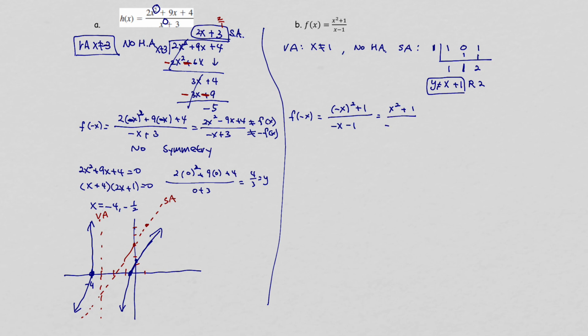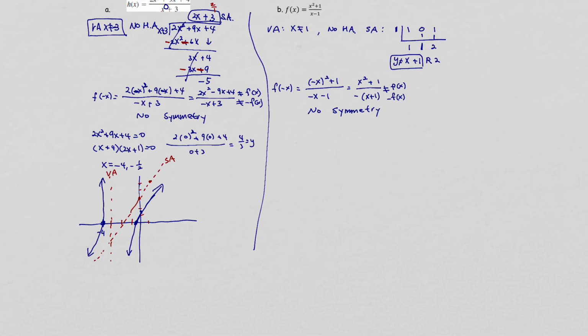So when you factor the negative out, you have x plus 1, which is not going to be the same as f of x or negative f of x. Right, so this is going to be no symmetry. No symmetry means we're going to plug in more points to find both sides of the graph, right?